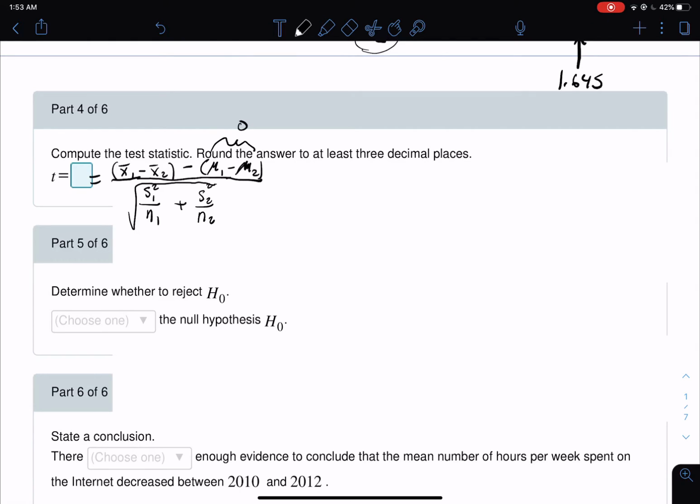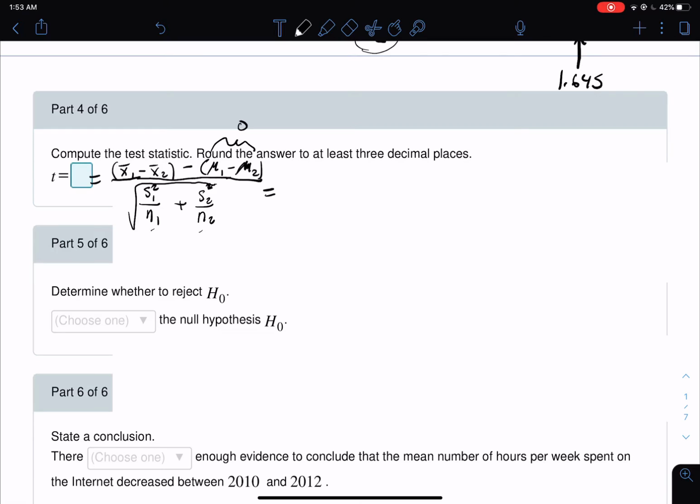So it's very easy to forget to square. That's a common mistake. And the way you put these values in calculators, you've got to be kind of careful. You're going to have to just divide first, find these two fractions, and then add them up, and then square root them. So you've got to be a little bit careful. Let's go ahead and put this in.